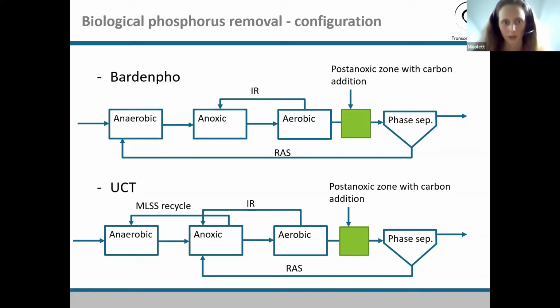This happens quite often if we are considering a BioP process, because quite a high part of the readily biodegradable substrates are consumed in the anaerobic part. So less is available for the anoxic part. So this is how we solve it, with the post-anoxic extra reactor added to the system.